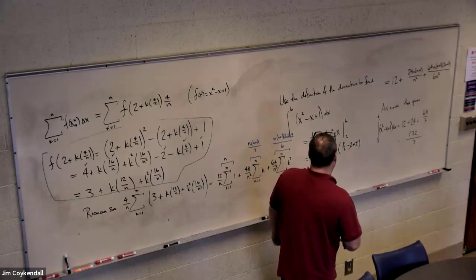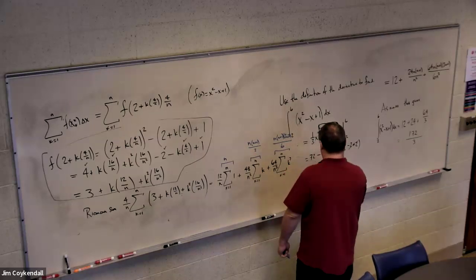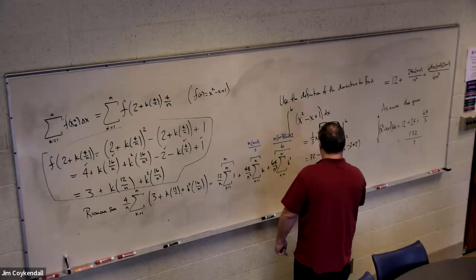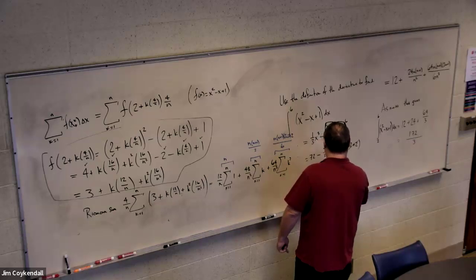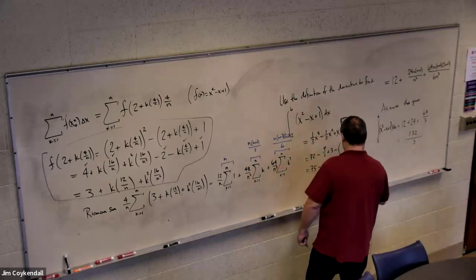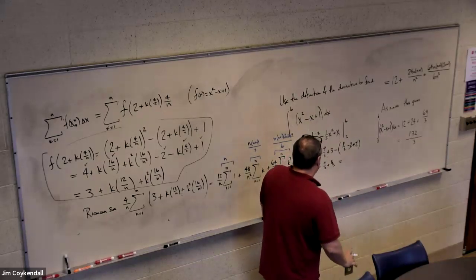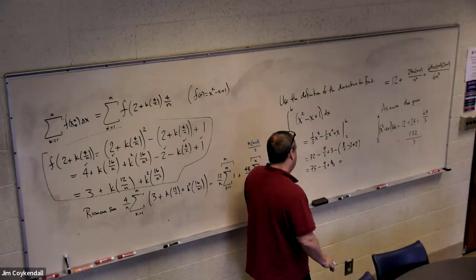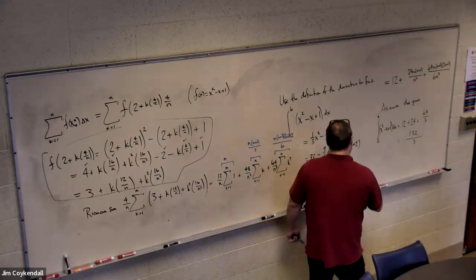So, what do I get? 75 minus 9/2 plus 8/3. See, that's going to be 75.